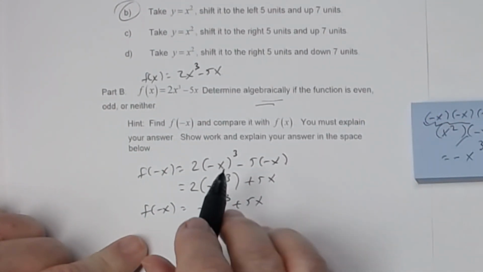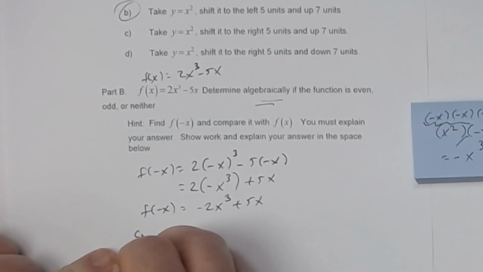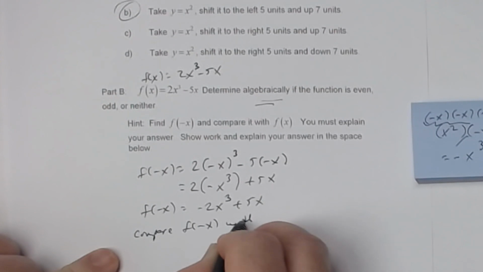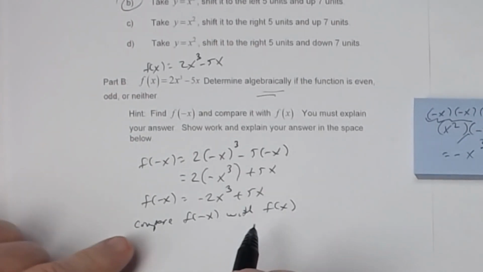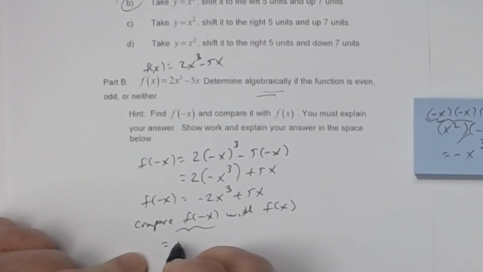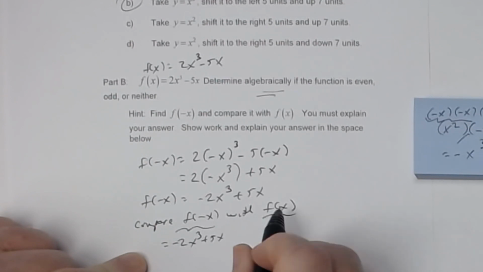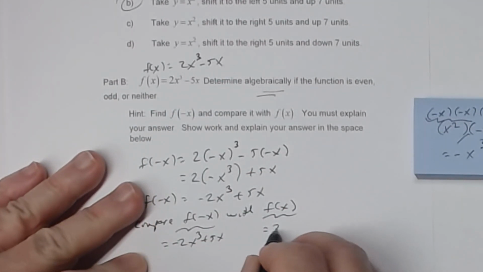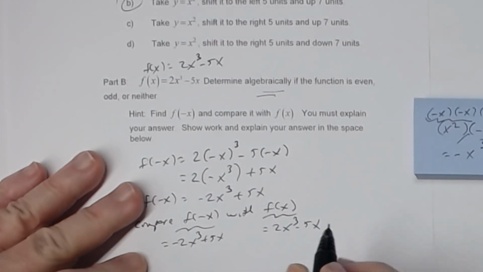Then you have to compare that with f of x. So now we're going to compare f of negative x with f of x. All right, so here is f of negative x. So f of negative x is negative 2x cubed plus 5x. F of x is 2x cubed minus 5x. And so the idea is this.